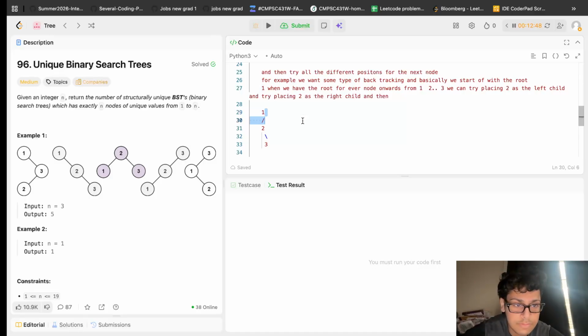I like the idea of where we keep 1 as the root and don't try every node as the root, and so on.